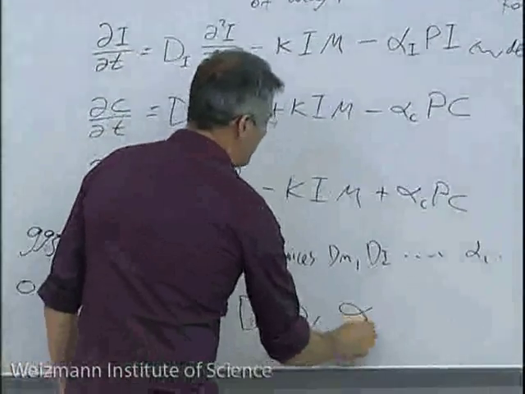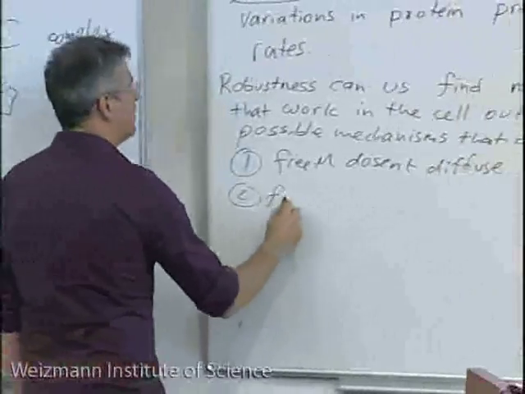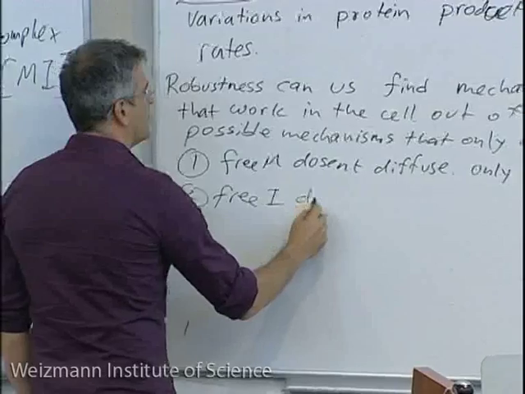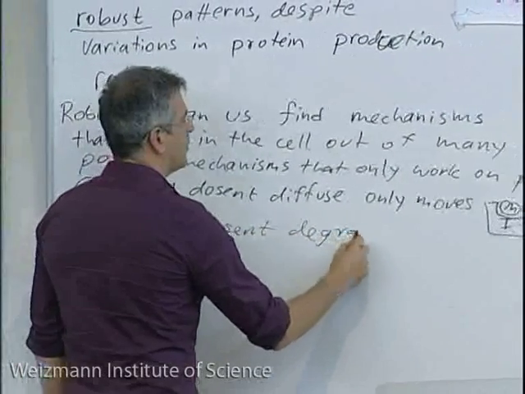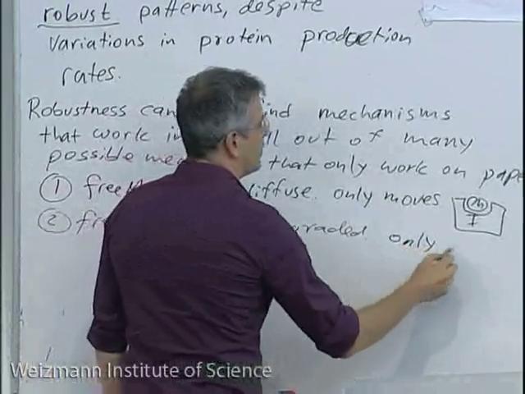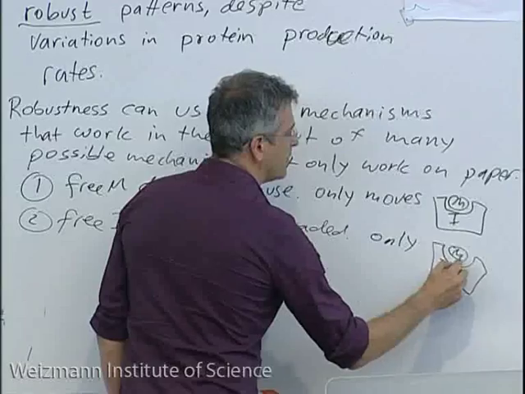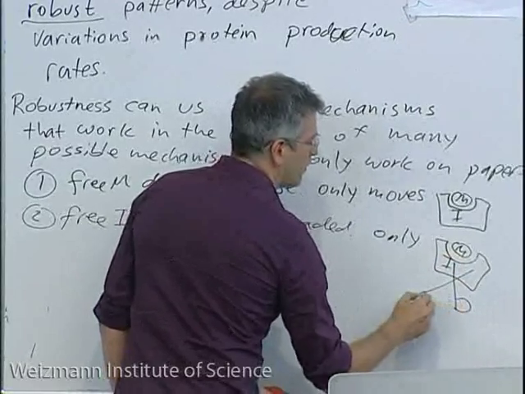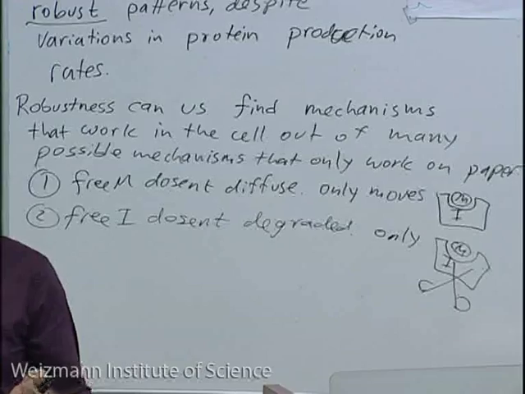And the second thing is that alpha I was very small. So free inhibitor doesn't get degraded. Only the inhibitor in the taxi, in this complex, gets degraded by the scissors. So those are two biochemical predictions, you can say.